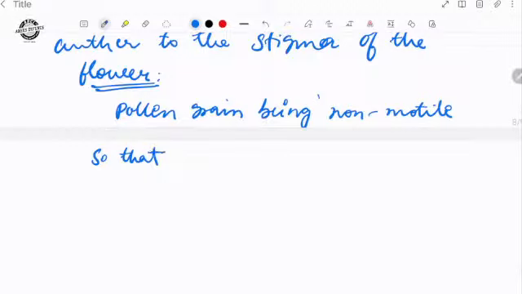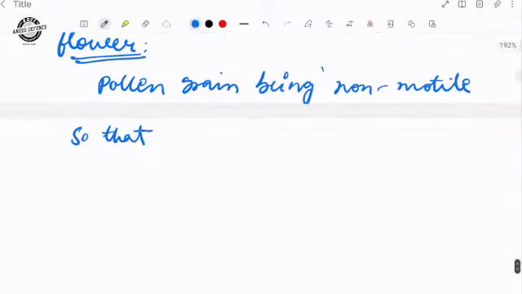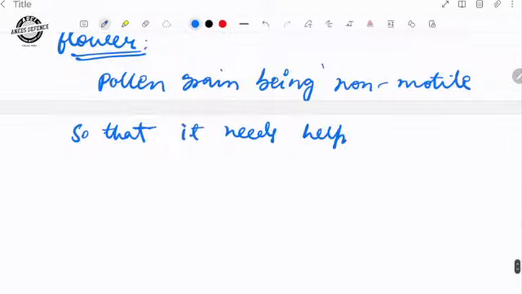So in nature, these pollen grains have adapted one capability: with the help of natural things, winds, water, insects, these pollen grains are transferred from the anther to the stigma by various methods. So they need help to transfer.